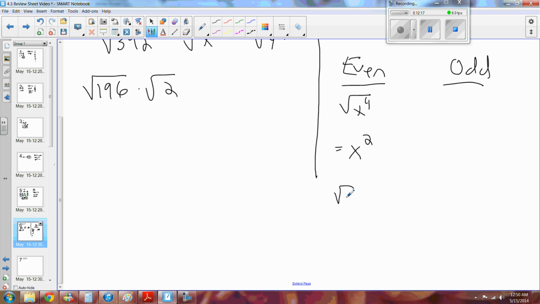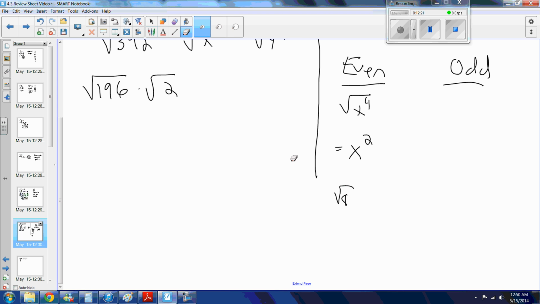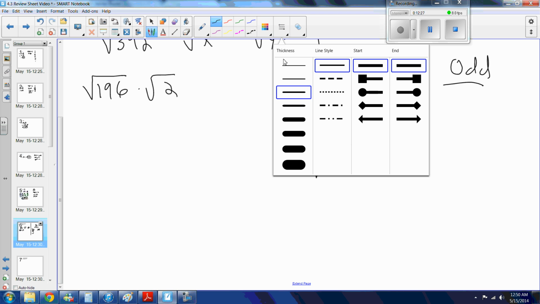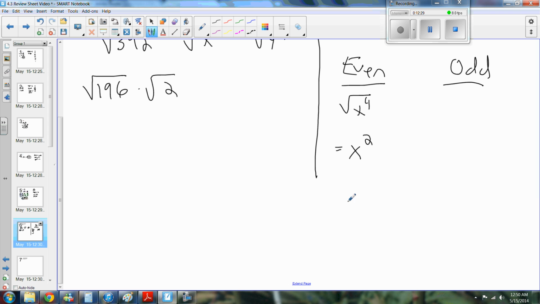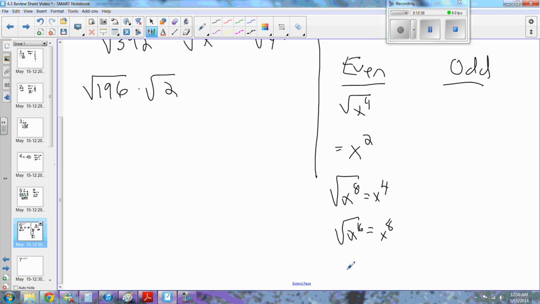What is, let's say, we'll write down the square root of x to the eighth? Well, that's just 8 divided by 2 is 4. X to the fourth. What's the square root of x to the 16th? That's x to the eighth. What's the square root of x to the 32nd power?